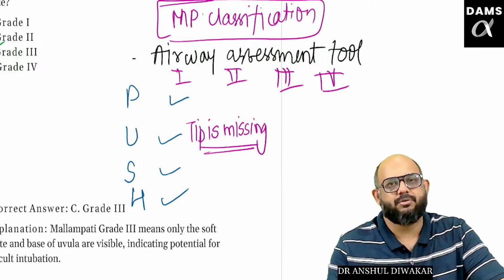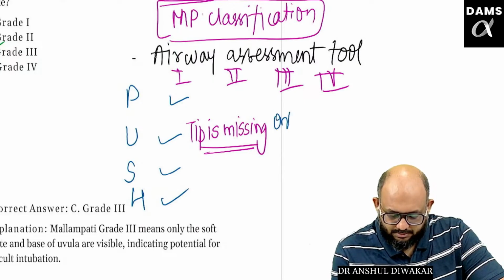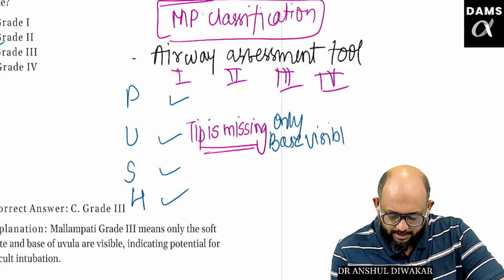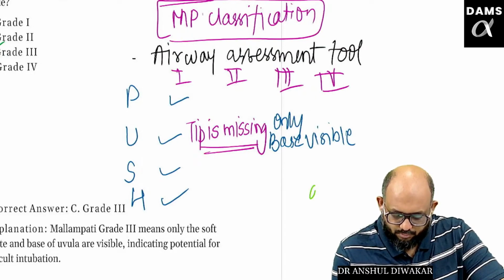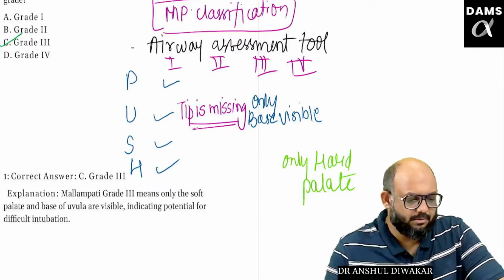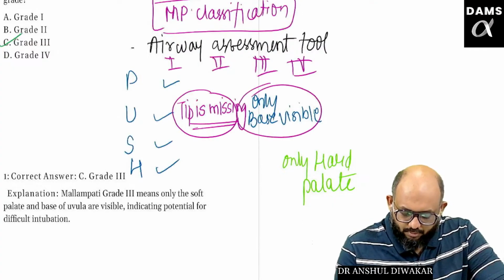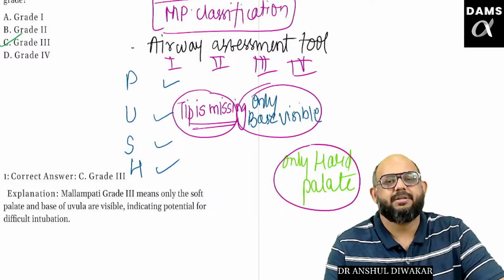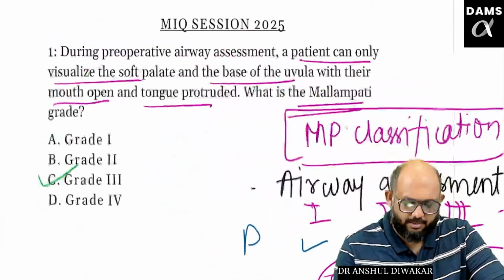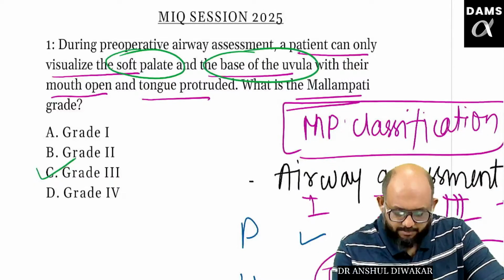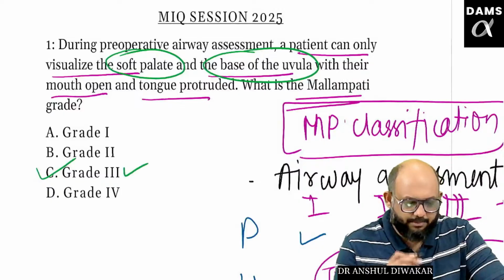The keyword in 3 is only base is visible. And the keyword in 4 is only hard palate visible. Understood? So these keywords will always help you identify the correct Mallampati grade. You can see that visualize soft palate, it doesn't matter, but only the base of uvula is visible. So it has to be Mallampati grade 3.